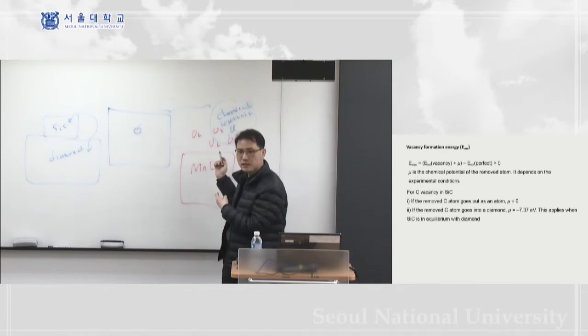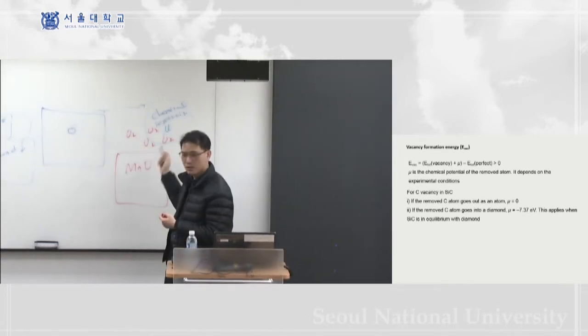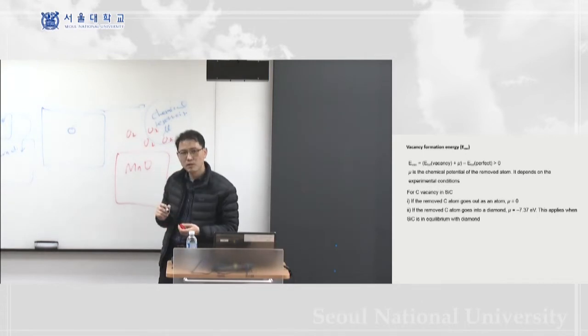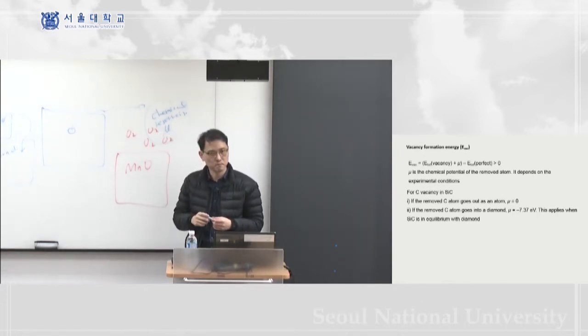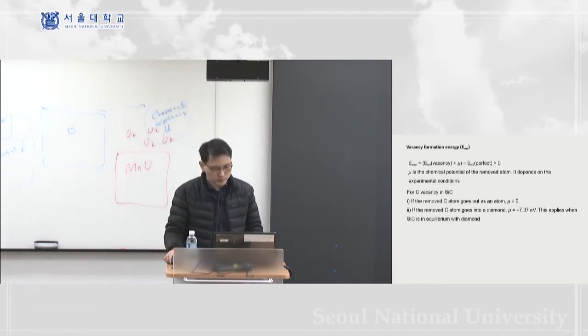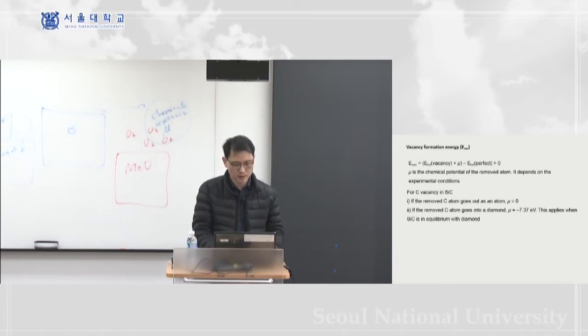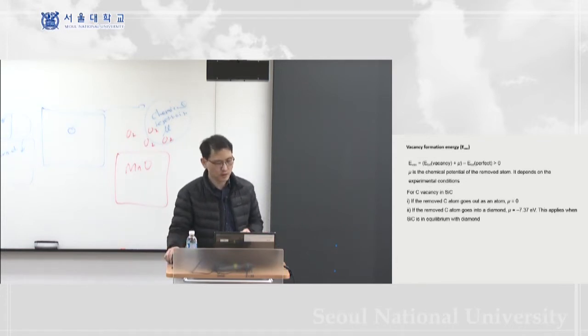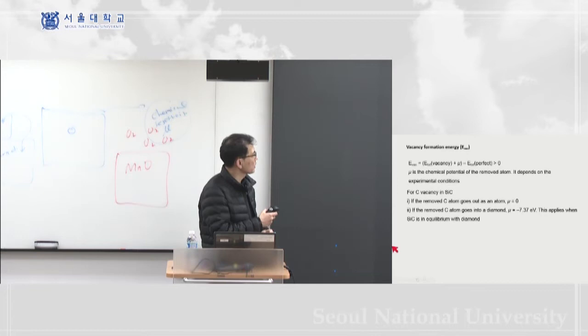So you can reflect this experimental condition in deciding this chemical potential of a certain species. All right. So here, given this chemical potential, you can calculate this vacancy formation energy using this formula.